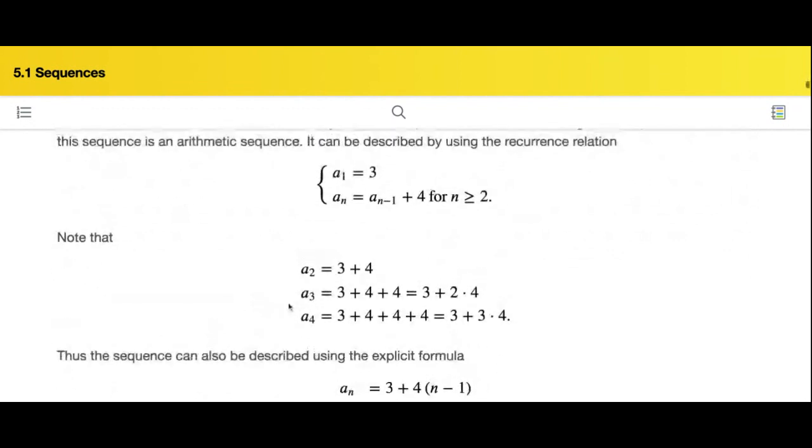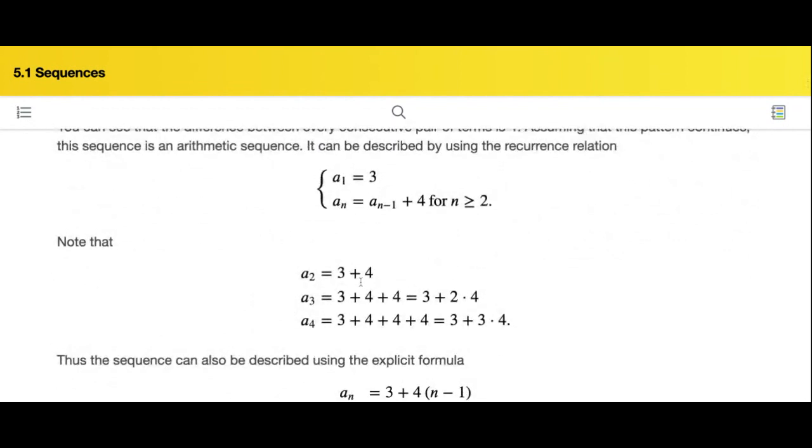Then we see the relation. A2 equals 3 plus 4, A3 equals 3 plus 4 plus 4, A4 equals 3 plus 4 plus 4 plus 4. So we can write A2 as 3 plus 1 times 4, A3 equals 3 plus 2 times 4, A4 equals 3 plus 3 times 4.